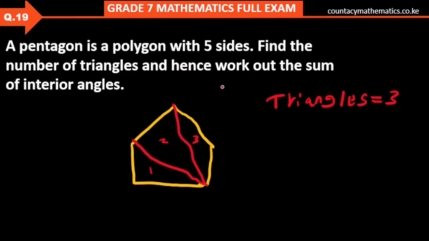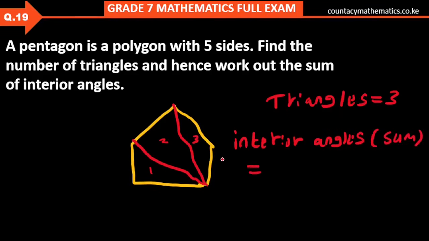So the other part is to work out the sum of interior angles. Now we work out their sum. How are we supposed to go about that? We know that each and every triangle is covering an angle that is towards its edge.